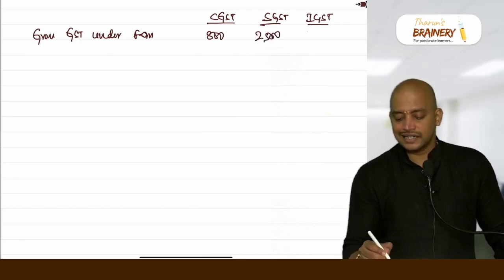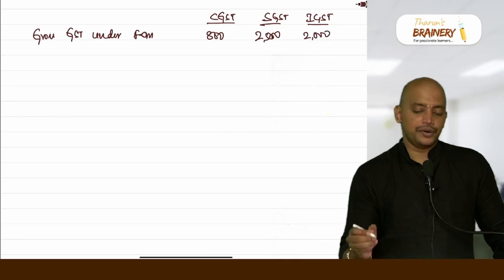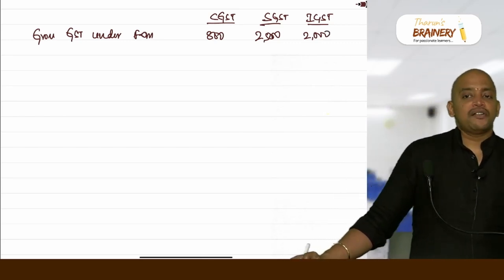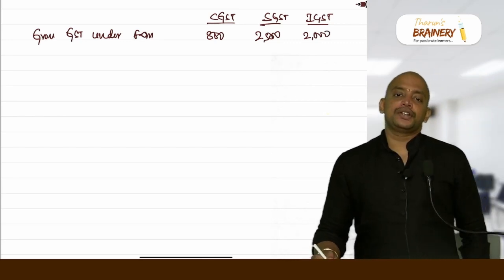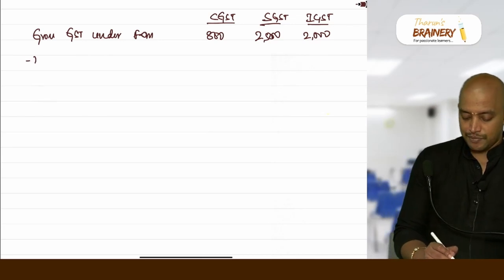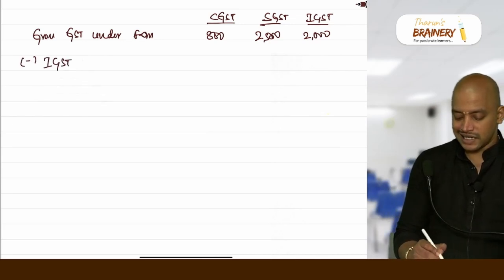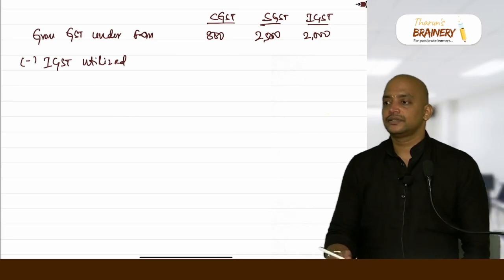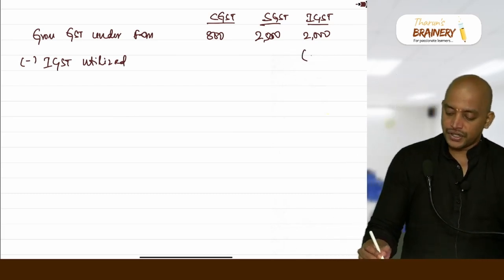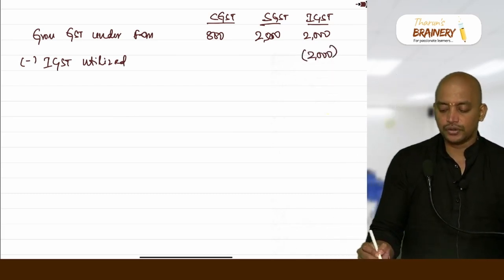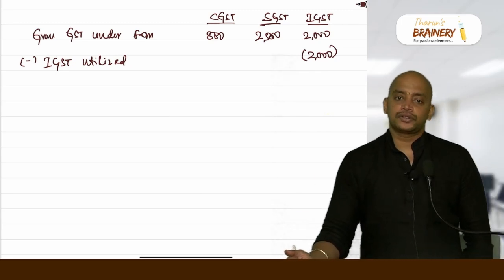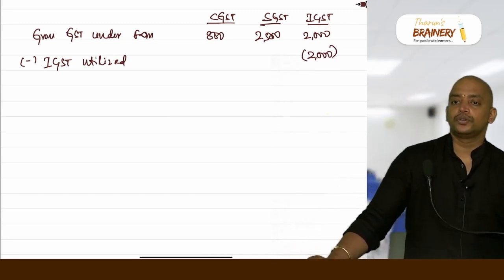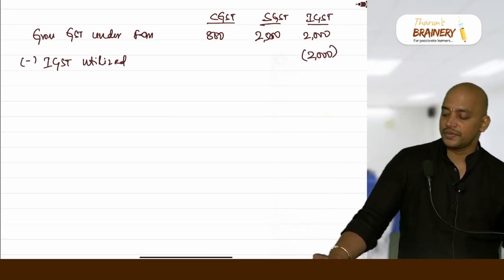SGST? 2,500. IGST? 2,000. Now, what are the credits we have? All three credits we have. Which credit do we need to use first? Minus IGST utilized. How much is the IGST credit? 4,000. First you will use it for payment of 2,000. Then the remaining 2,000 you have. Now go to the CGST credit and SGST credit. How much CGST and SGST credits do we have?